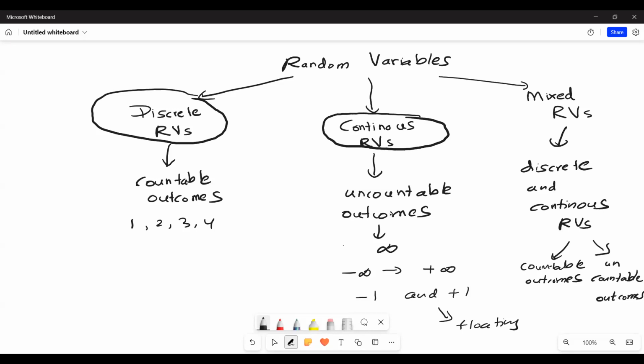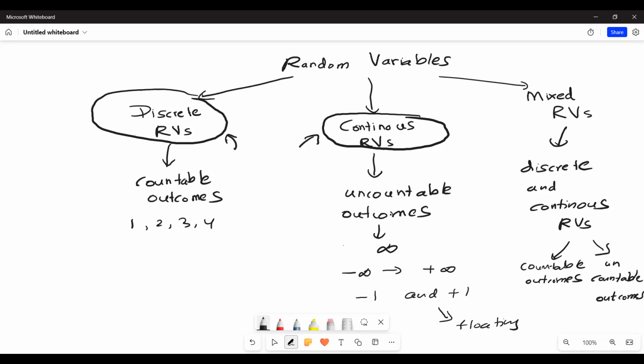Mixed random variables is a mixture or a combination of these two. We will focus on discrete and continuous random variables mainly, and that knowledge is sufficient for us to analyze the mixed random variables as well.